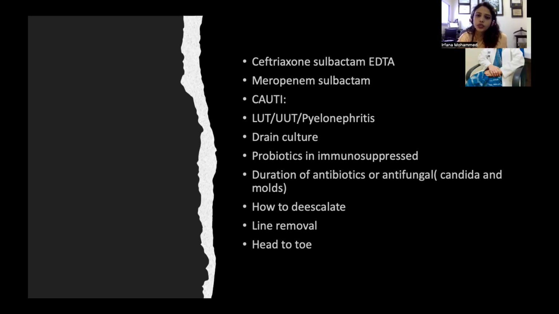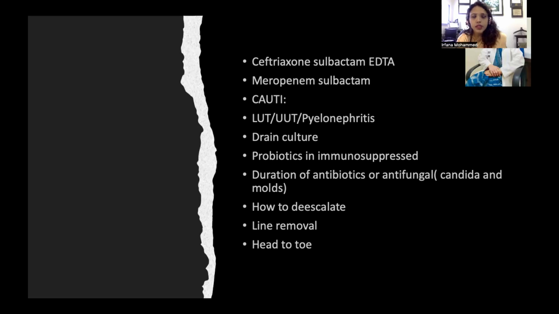So if you are giving TDS dosing, you are giving 1500 milligrams of sulbactam per day. So there is a huge difference between 1500 milligrams per day and 9 to 12 grams per day. So maybe we are increasing the resistance to sulbactam for Acinetobacter by using this combination. This is what we have to think.